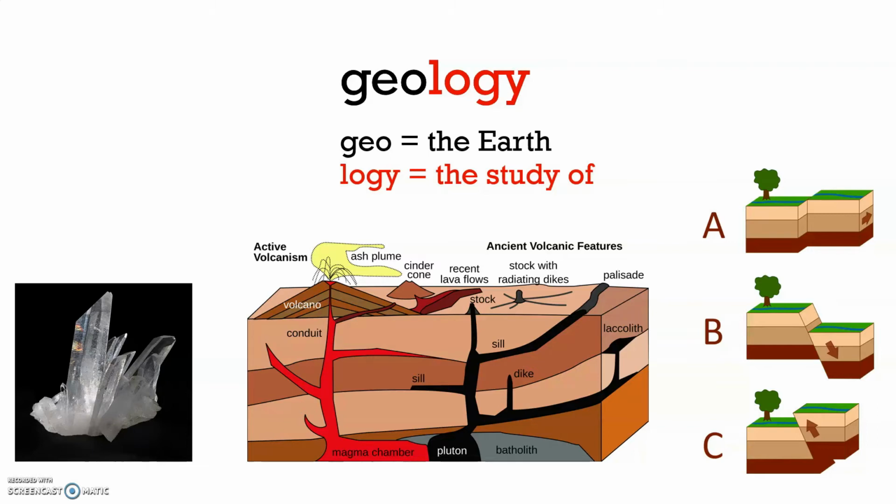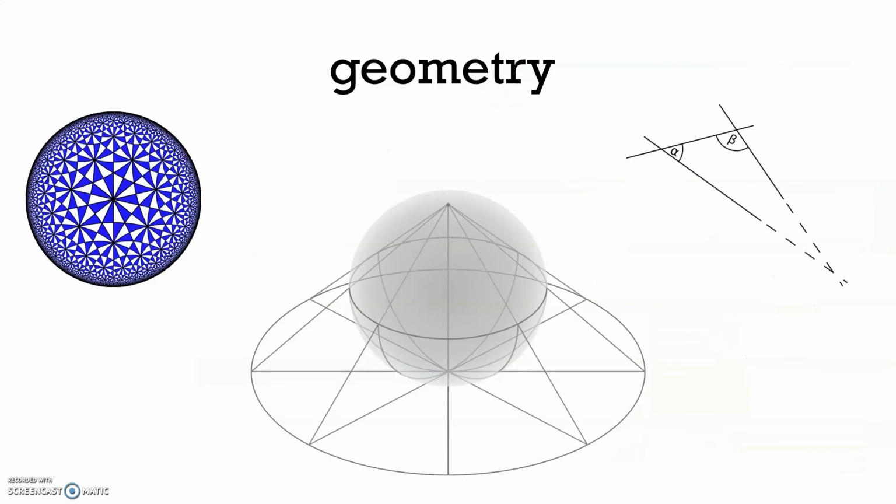Geology is the science of the earth that focuses on rocks and processes by which they change over time. So geology studies the structure of the earth above and below the surface. In Japanese, we say chishitsugaku. Okay, then we also have geometry.